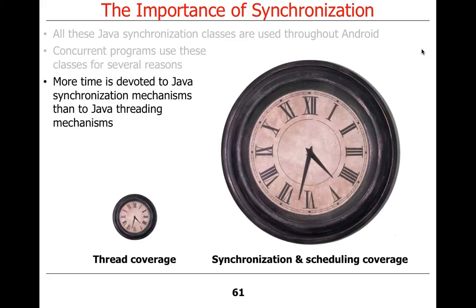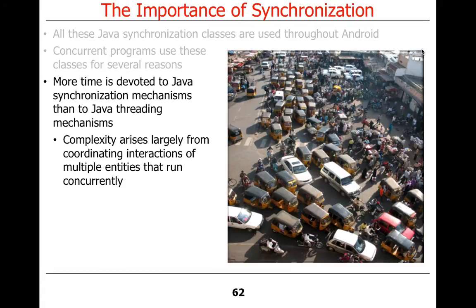We're going to spend a lot more time on all these synchronization mechanisms and some of the scheduling mechanisms they provide. The reason is that complexity in large systems, be they computer systems or social systems, is usually more a function of coordinating stuff than of things just doing their own thing independently. Independent operations are easy. Coordination is hard.